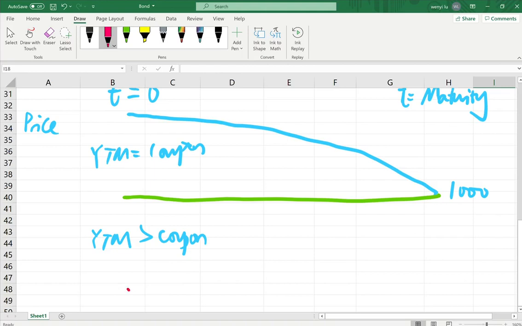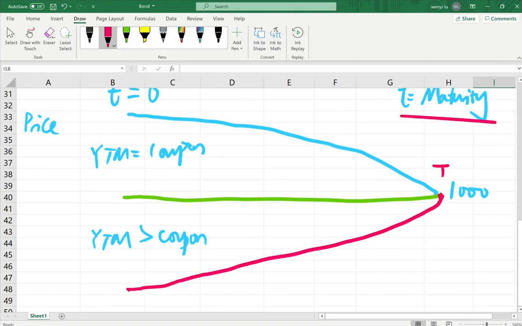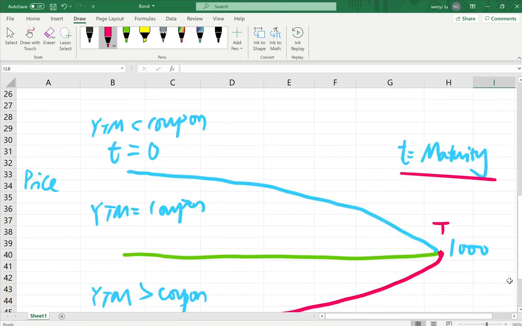So the bond will first trade at a discount, but the price will continue moving up until the face value at maturity. That's the three price movements of a bond price based on different yield to maturity and coupon rate.